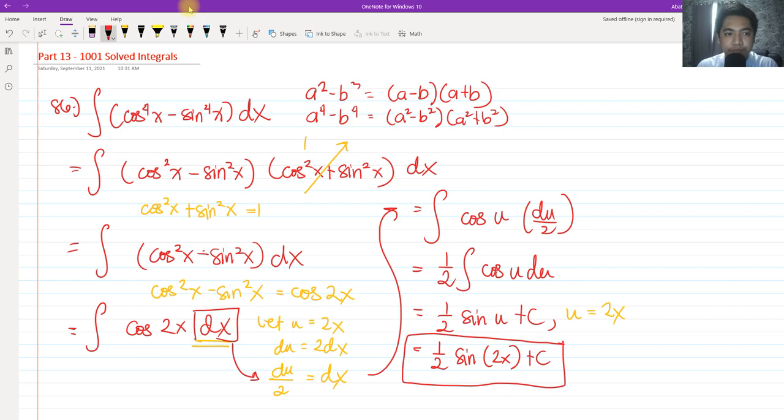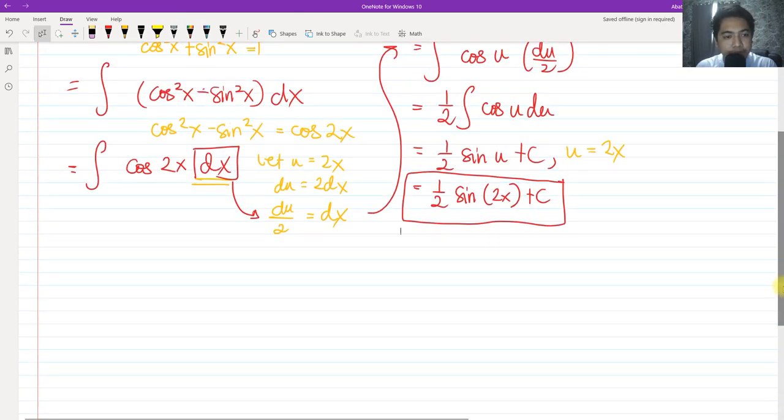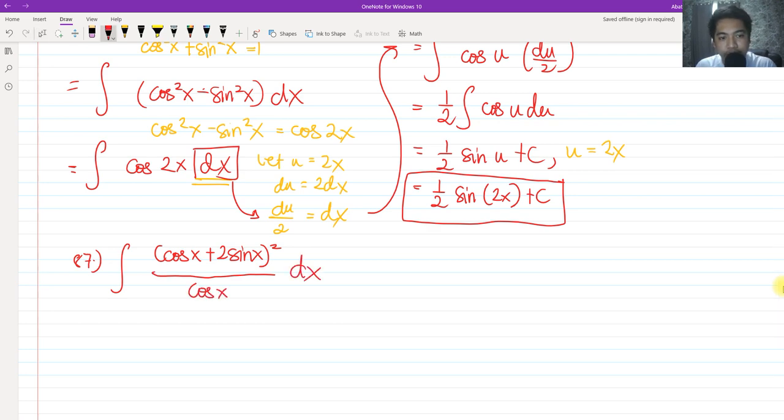Okay, next one. For number 87, we're going to solve some integral again. So 87, we have the integral of the quantity cosine of x plus 2 sine of x, squared, all over cosine of x dx. Now, we don't have any choice.